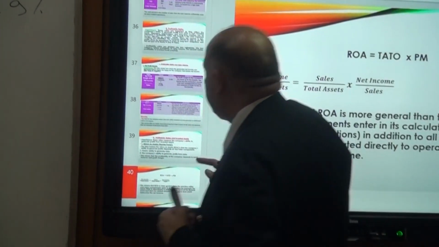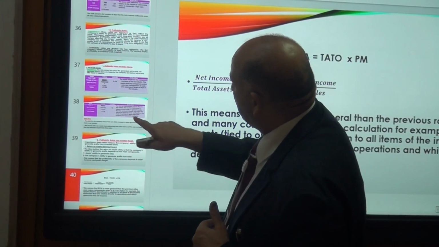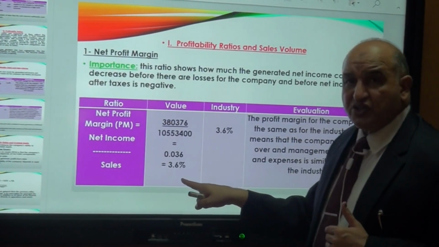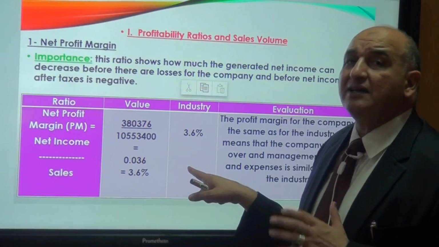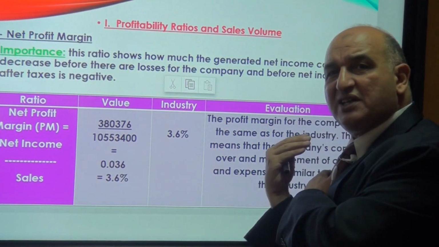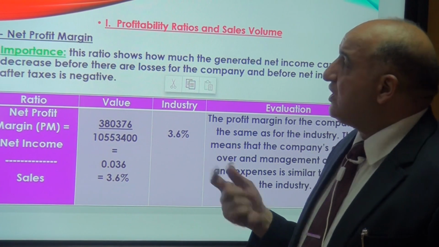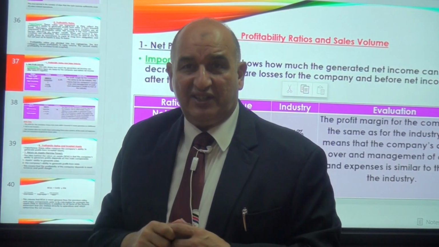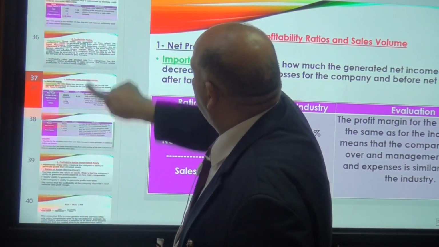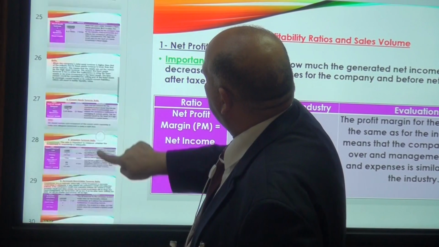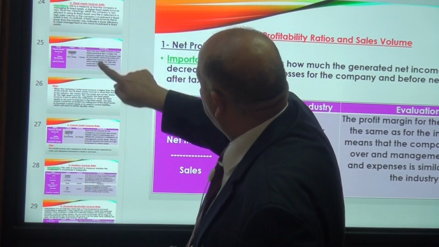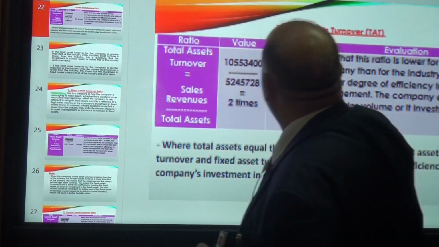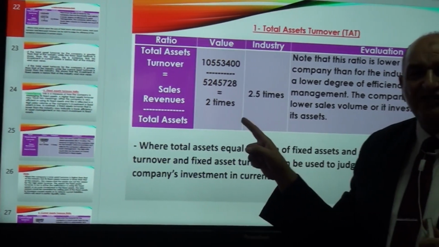If you still remember, we don't have a problem with profit margin, because our profit margin is the same as the industry. So where does the problem come from? We have the problem from the total asset turnover. Remember, if we go back to the total asset turnover, from here we have the problem.